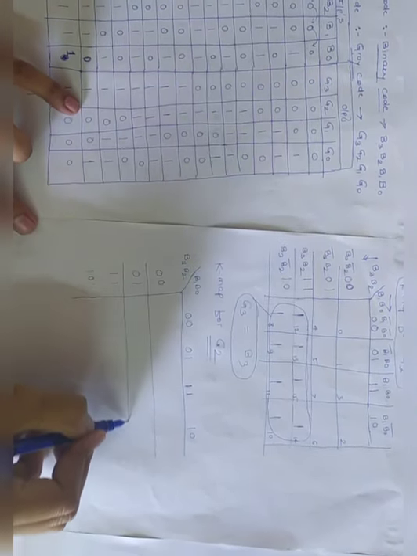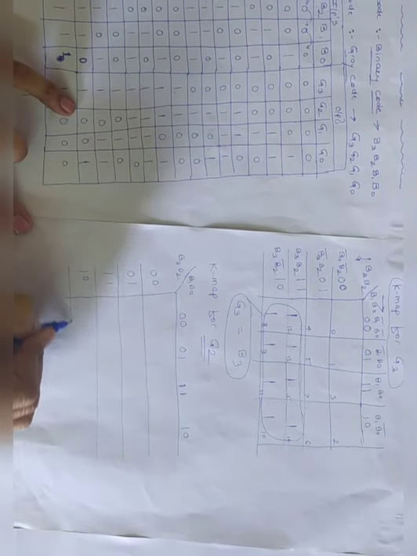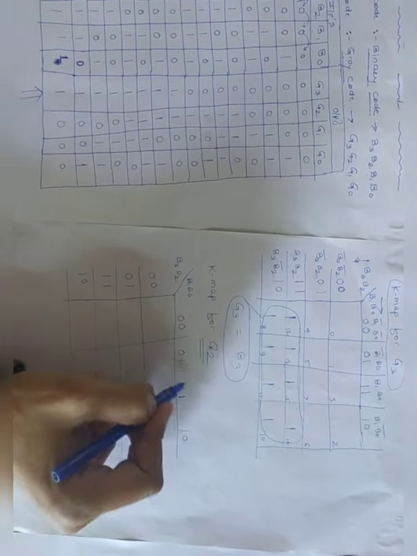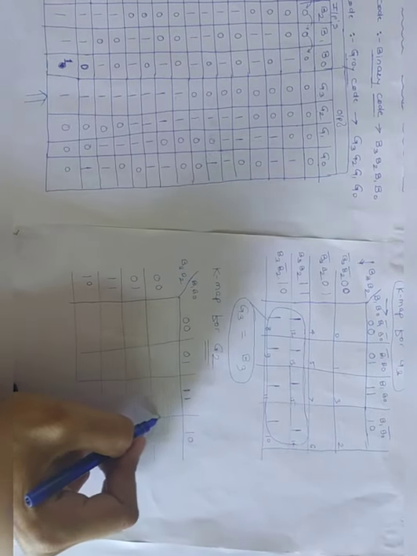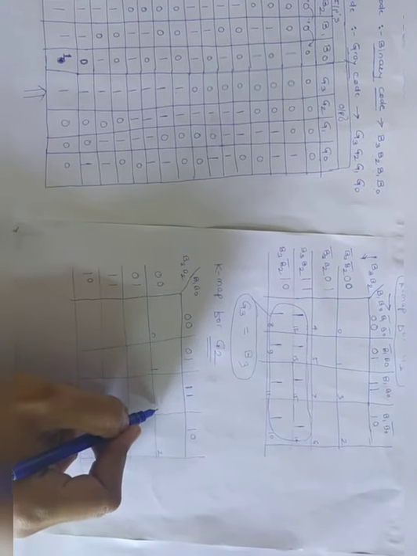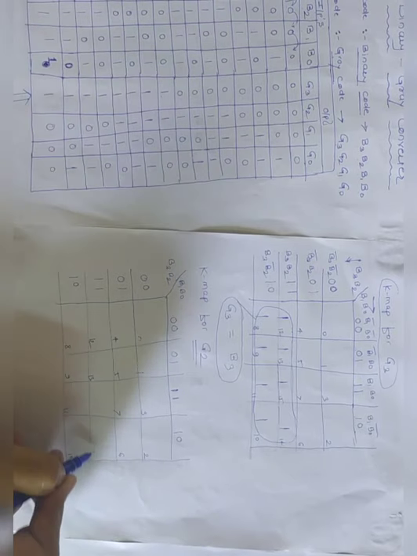Now I'm giving the numbers: 0, 1, 2, 3, 4, 5, 6, 7, 8, 9, 10, 11, 12, 13, 14, 15.